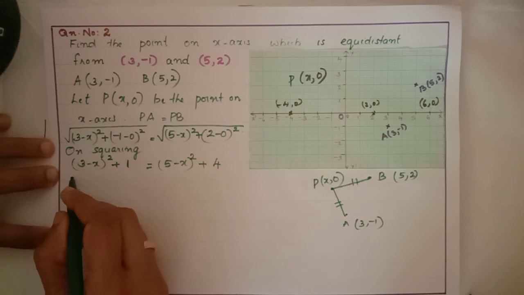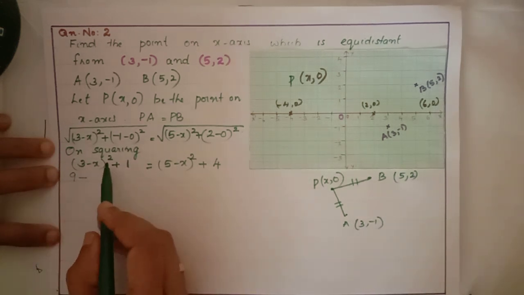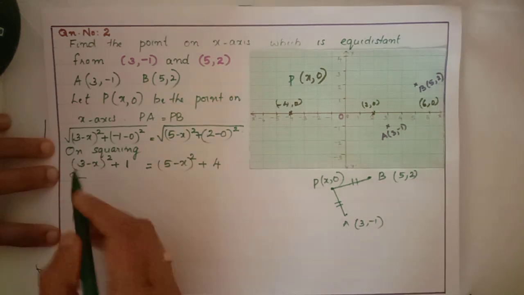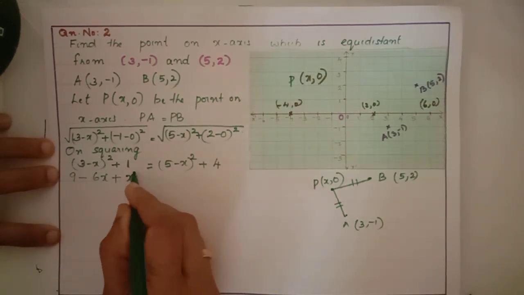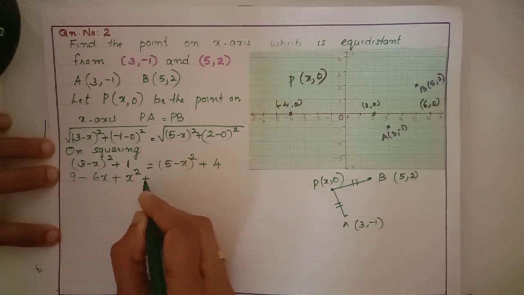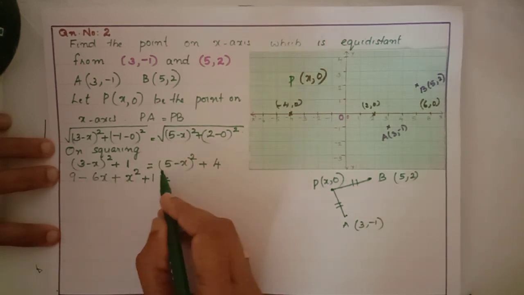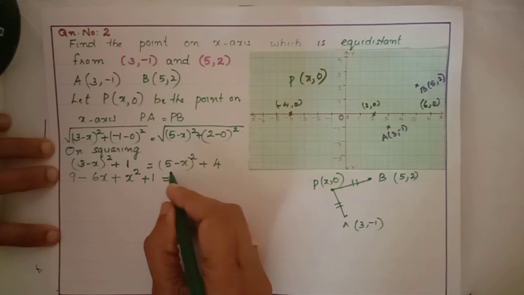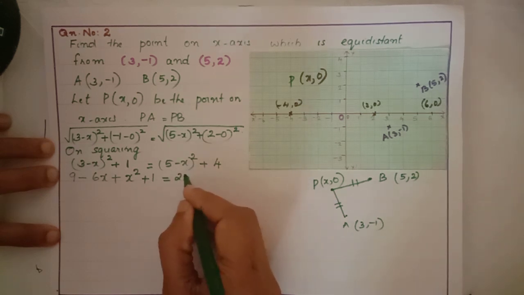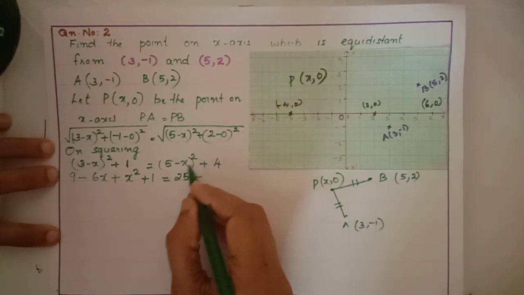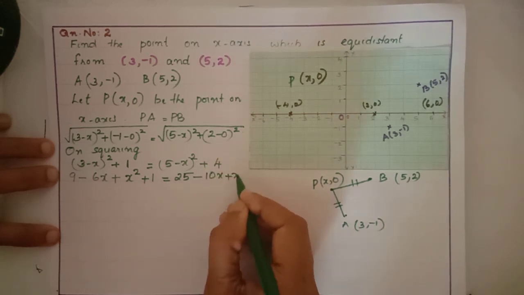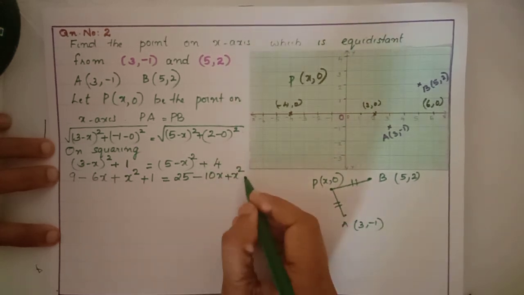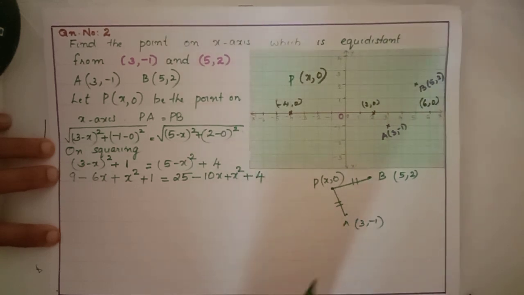So a square 9 minus 2ab, 2 into 3 into x, 6x plus x square, then plus 1 equal to again (a minus b) the whole square. 5 square is 25 minus 2ab, 10x plus x square. Then we have plus 4.